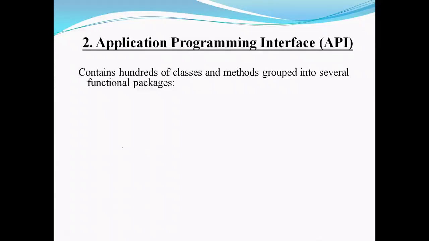Like you have used some libraries in C programs. Initially you include some libraries, say you include stdio.h. This stdio.h includes some functions which can be used in your program. For example, you use functions like printf and scanf in your C program, and these functions are defined in the header file, that is stdio.h.